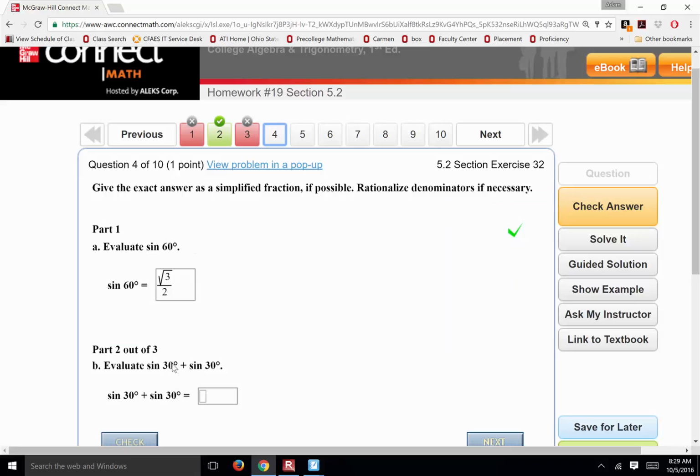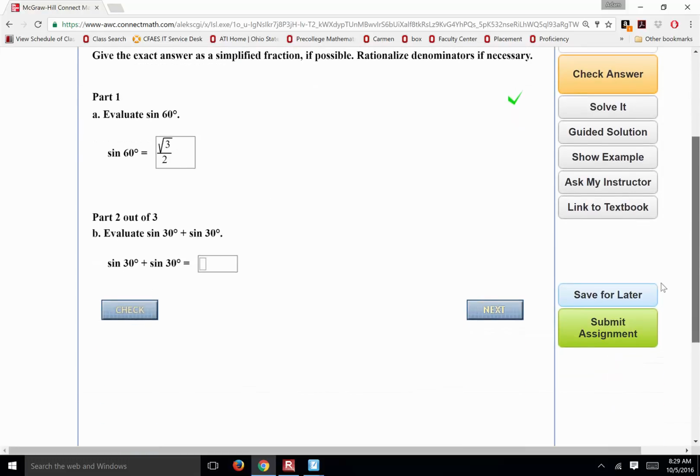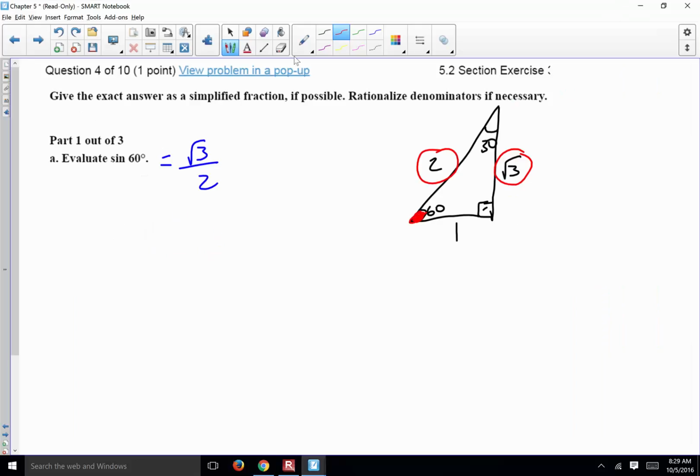Okay, how about this? Sine 30 plus sine 30. Wait a second. I have a clever idea here. Isn't 30 plus 30 60?